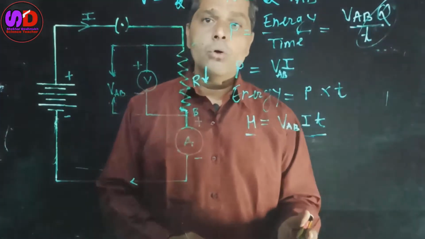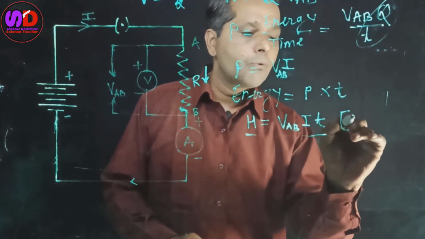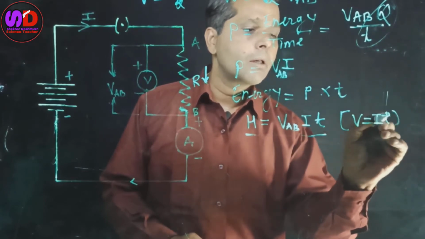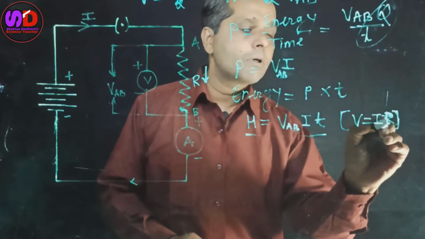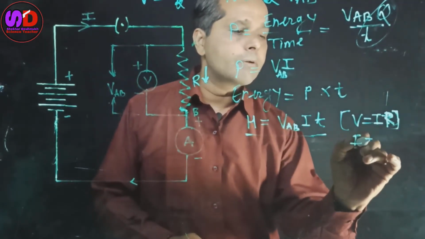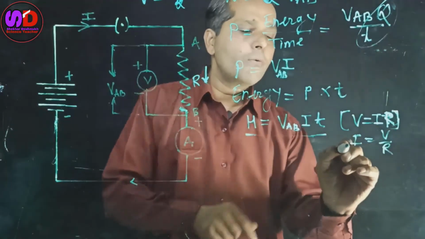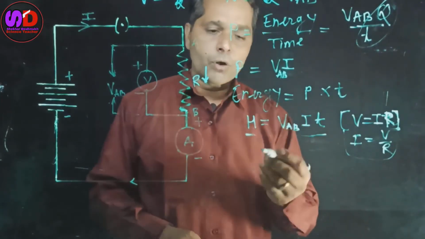But by using Ohm's law, we can write V is equal to IR. So what is I? I is equal to V upon R. Put this value of I in this equation. What do we get?